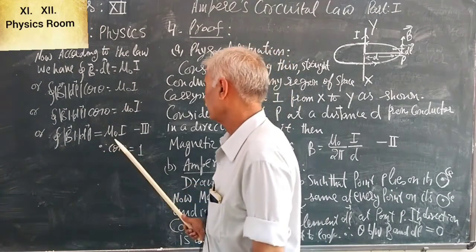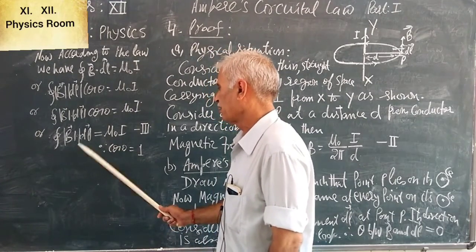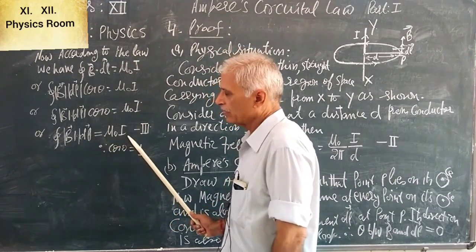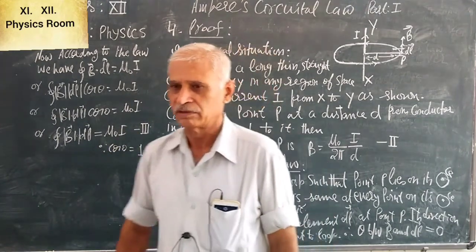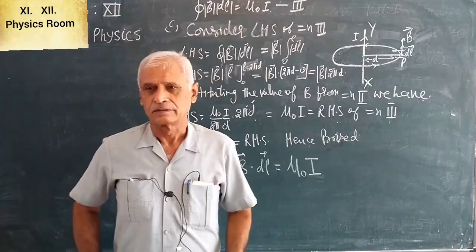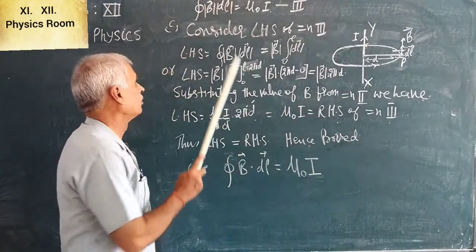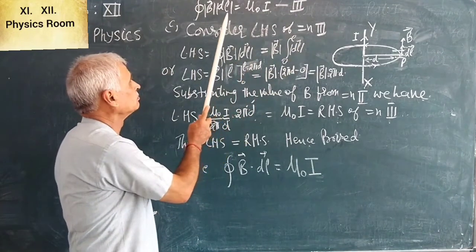When we get the left hand side equal to the right hand side, then we will have the proof of Ampere's circuital law. Consider the left hand side of equation 3.